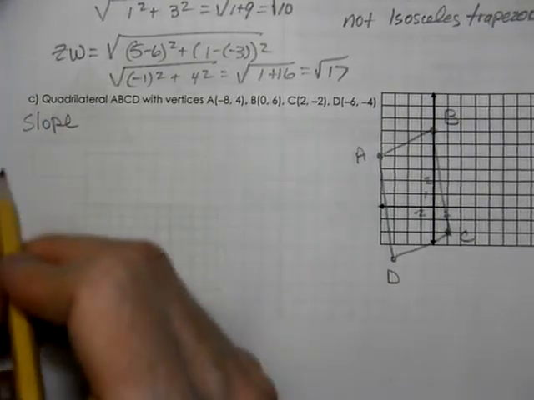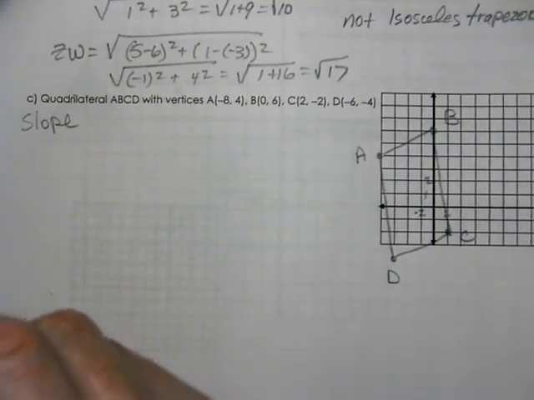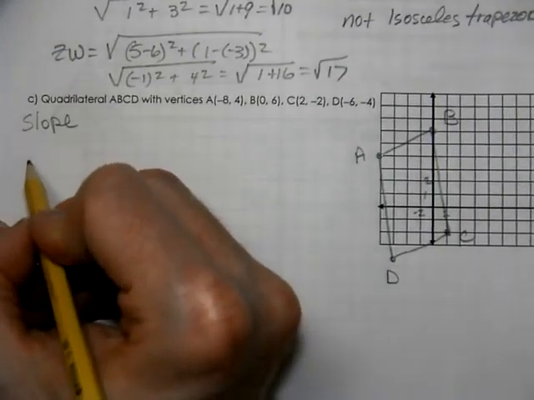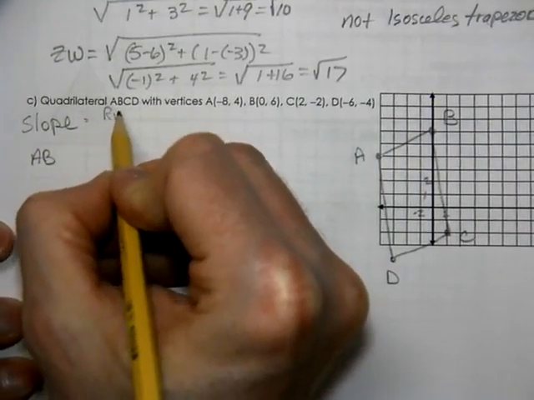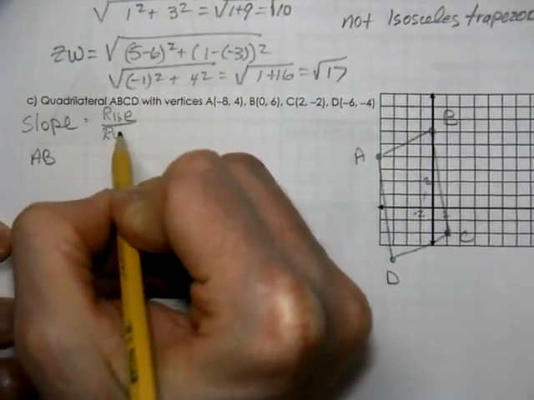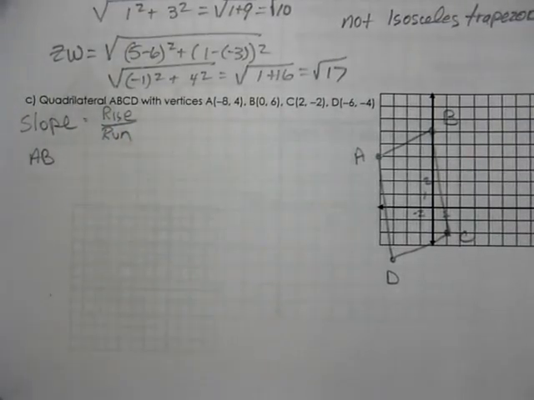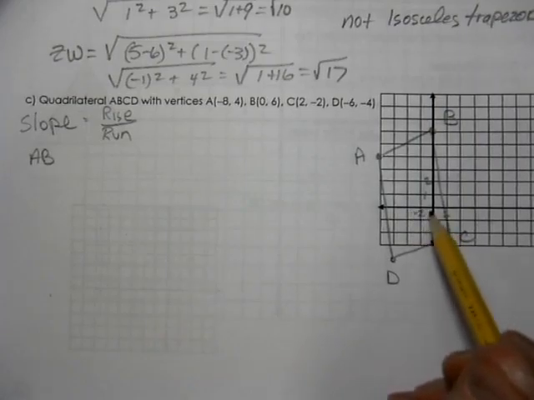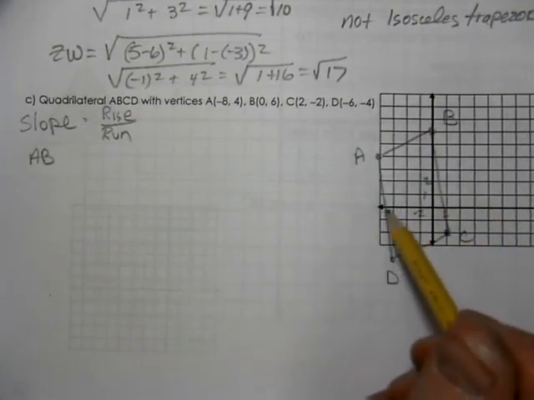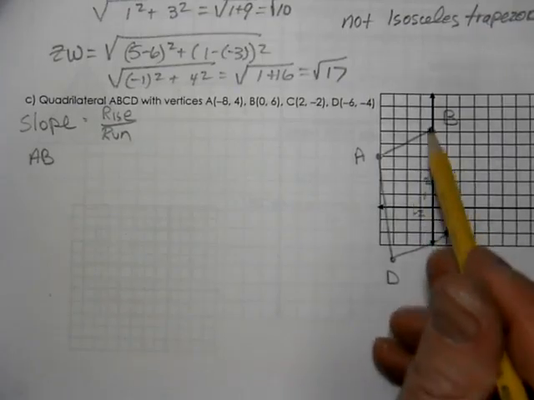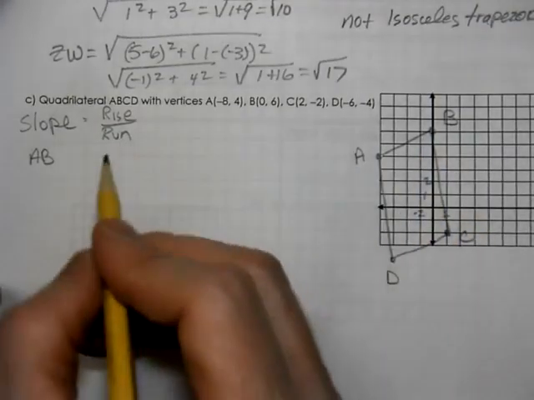We'll look for slopes. This time we'll try to do the slope as a rise over run. You can count rise over run. Sometimes it's tricky if the scale is different, so you really have to pay attention. Every time we go right to left, we got to count by 2's, and every time we go up and down, we got to count by 1's.